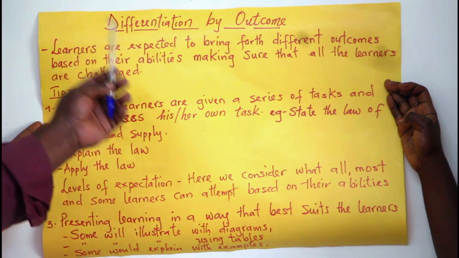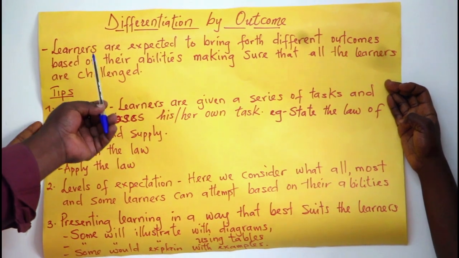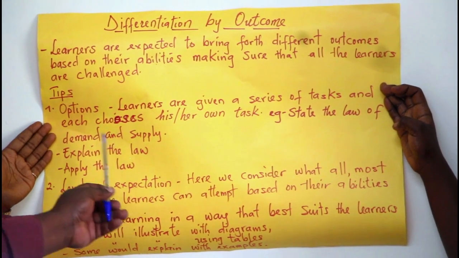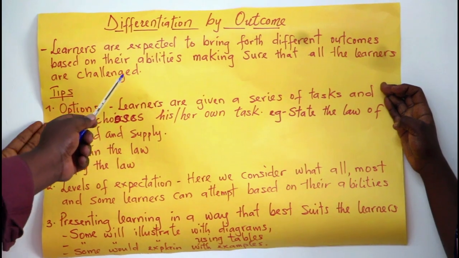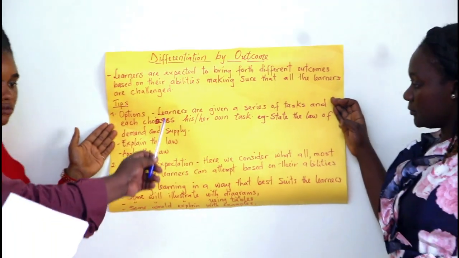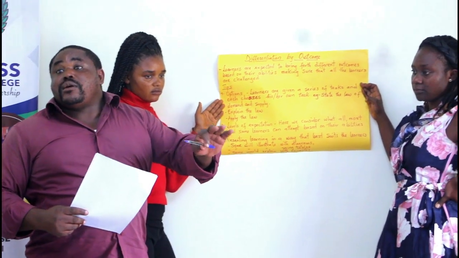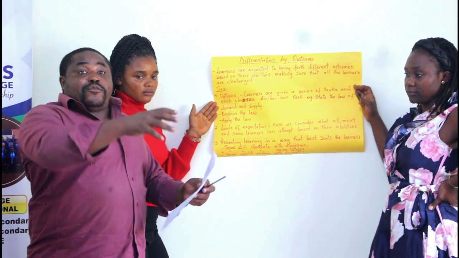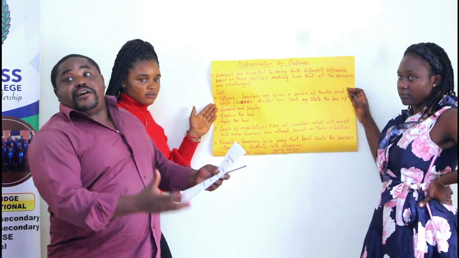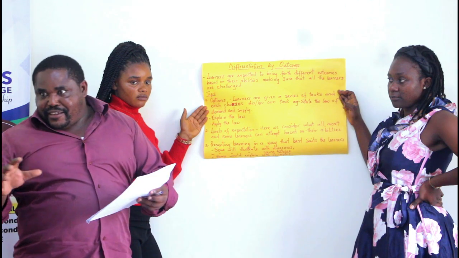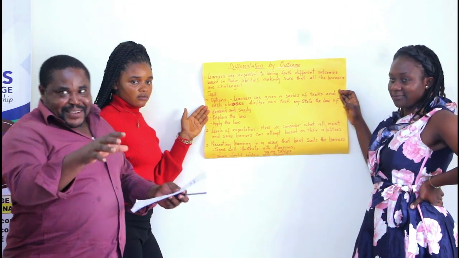If we take the simple example of our law of demand, at least all the candidates, we expect them to be able to state. We expect most of the candidates to be able to explain, and some of the candidates will be able to apply. But hoping that at the end of the day, even those at the lower level, we bring them up to be able to apply, because here we are still in the formatives.